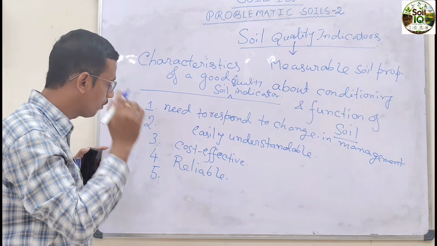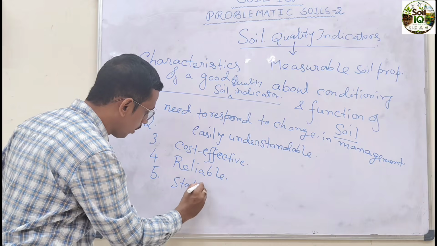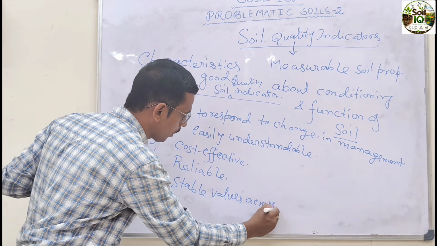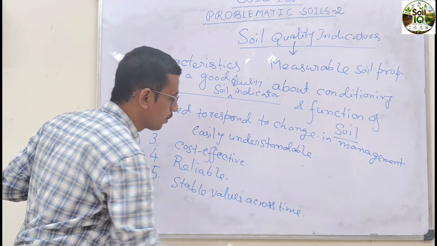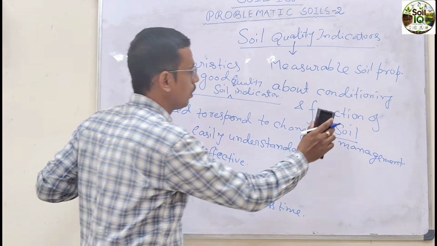Number 5, they produce stable values across time.